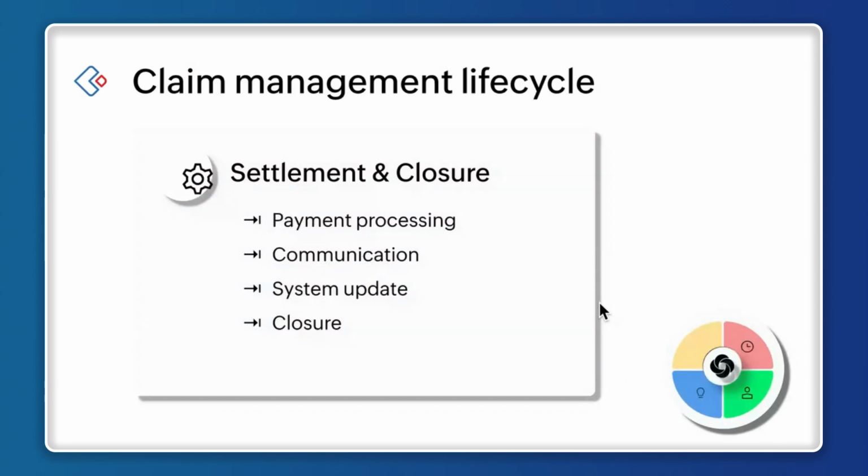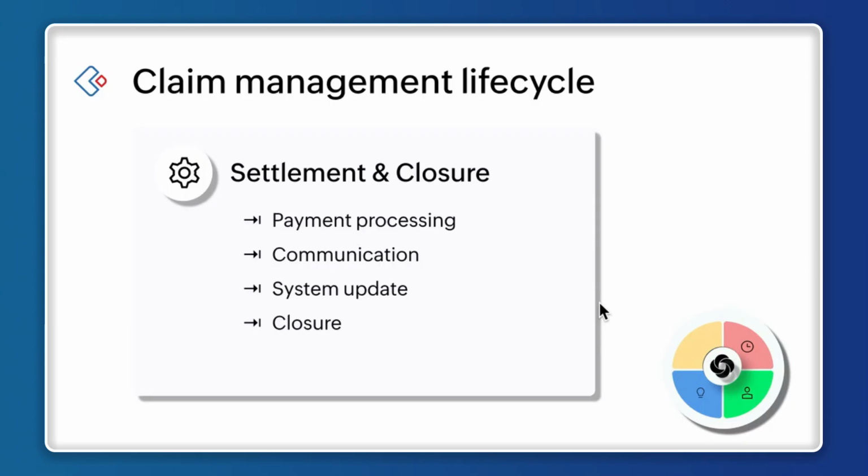Let's say the decision came out to be a positive one, that is the claim manager has approved the claim. Then it goes into the finance team's module, where the finance team will process the payment. Once the payment processing has been initiated, we will communicate to the policyholders about the processing that has happened, and we will update the system about it, and the claim status will be changed to closed, and it will be intimated to the particular policyholder's contact.